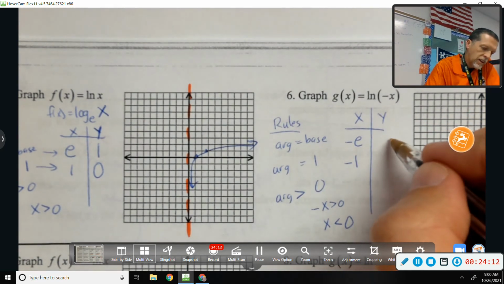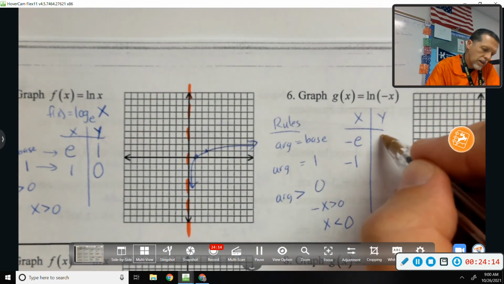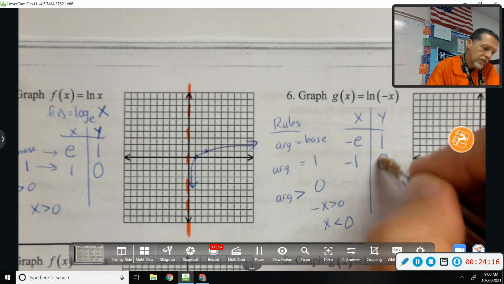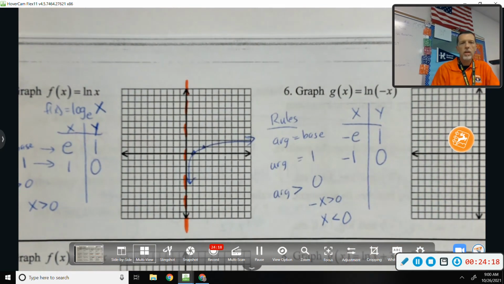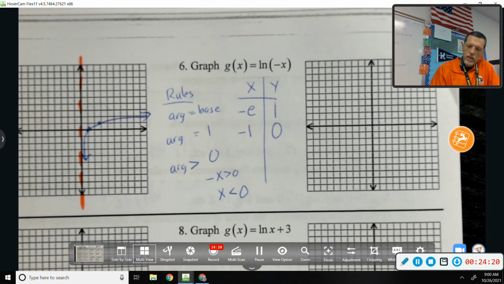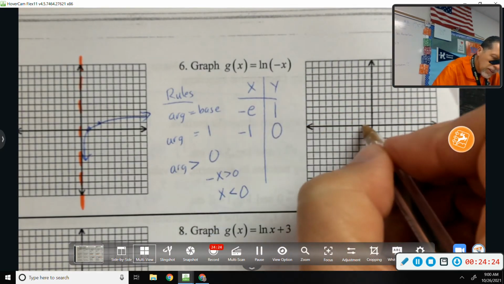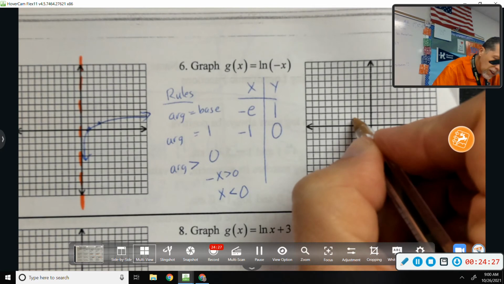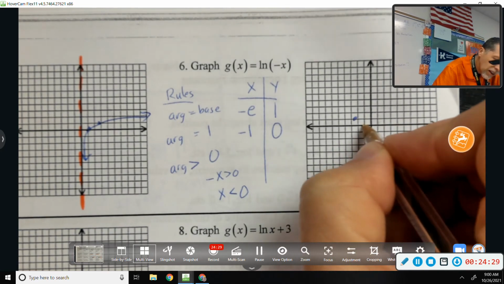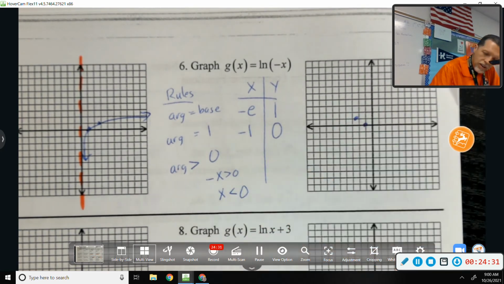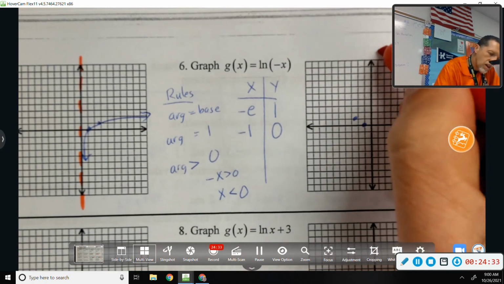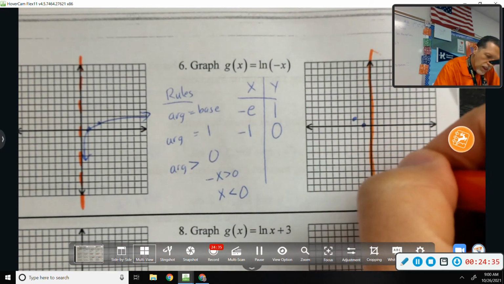Let's see. Natural log of e is 1. Natural log of 1 is 0. So that's negative 2.7, comma 1. Negative 1, 0. X equals 0.